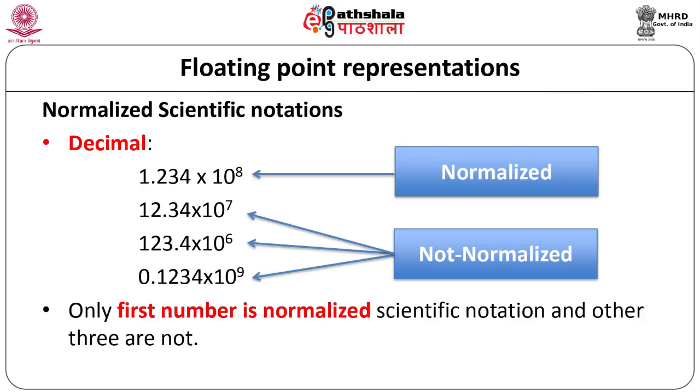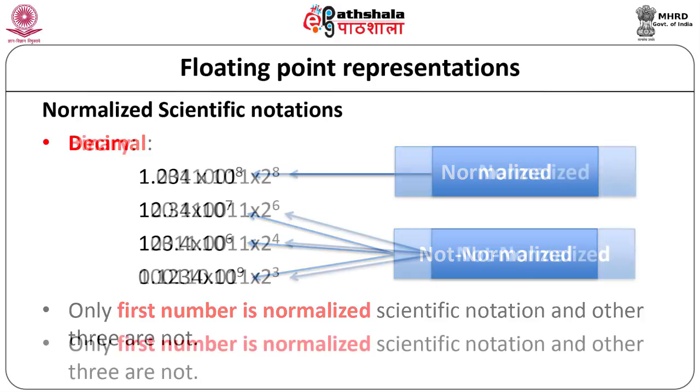Out of these 4 examples of scientific notations, only first number is normalized notation and other three are not.